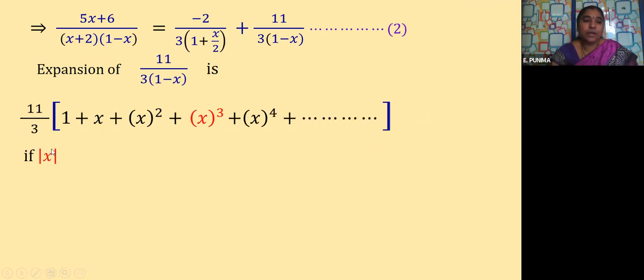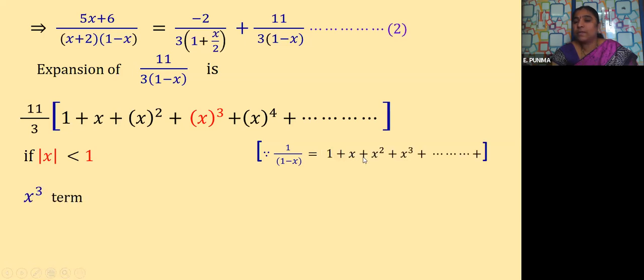So what is our condition here? Mod x, because already x is there, here also we get mod x only. Mod x is less than 1. By using which formula did we expand it? 1 by 1 minus x is equal to 1 plus x plus x square plus so on. Okay. Now let us see the x cube term here.